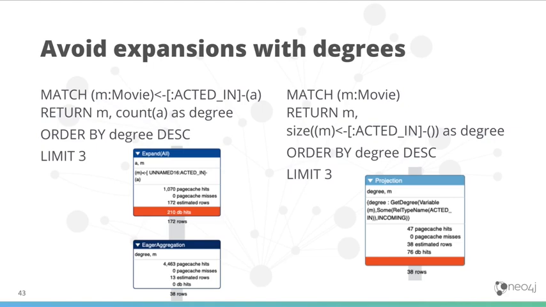On the other query, we match to the movie, that's going to be a node by label scan, but we use the size function, and we pass a pattern here. And notice that the m variable is here, but there's nothing on the node at the other side. The only other thing present here is the direction and the type of the relationship. This is able to get node degree information from the node itself without doing any expansion and without changing cardinality.